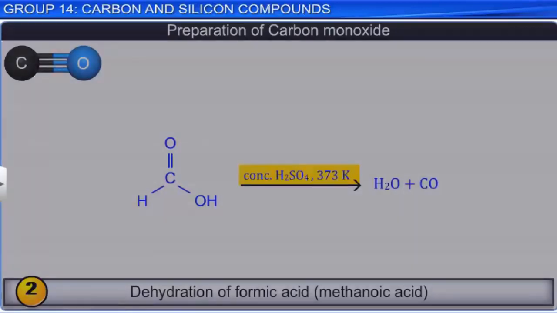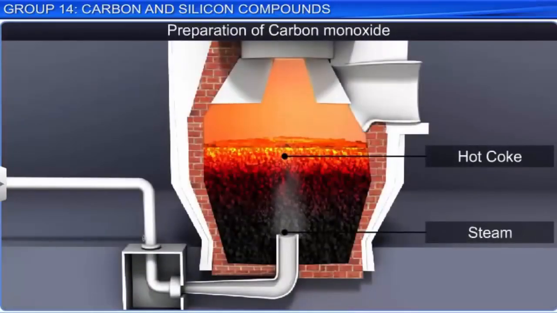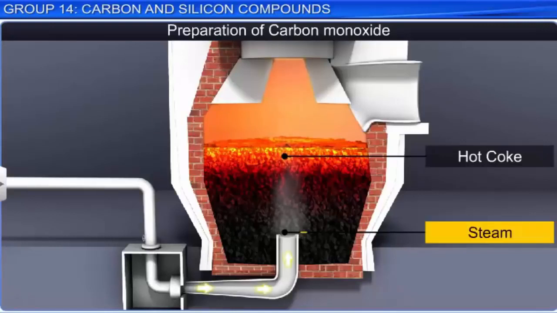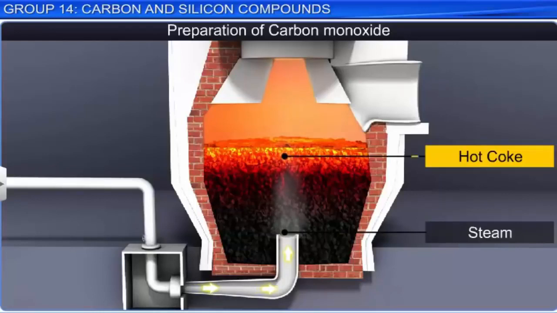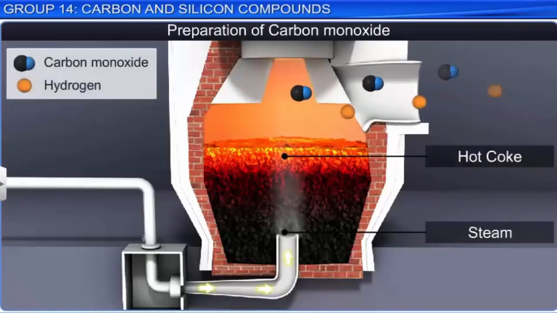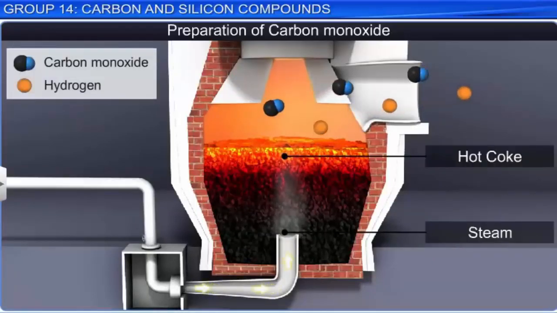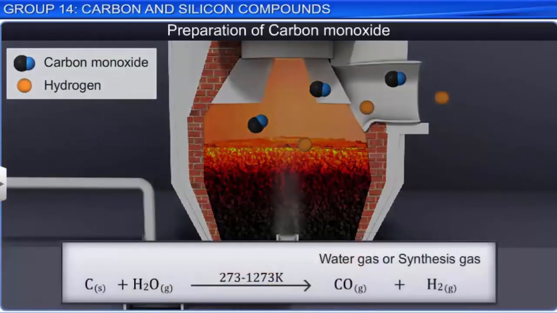On a commercial scale, carbon monoxide is prepared by passing steam over hot coke. This reaction produces carbon monoxide and hydrogen.